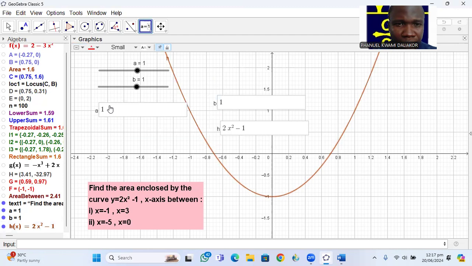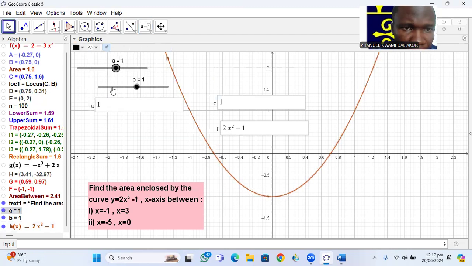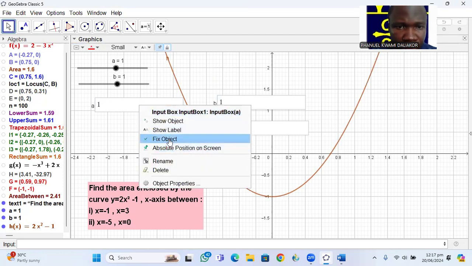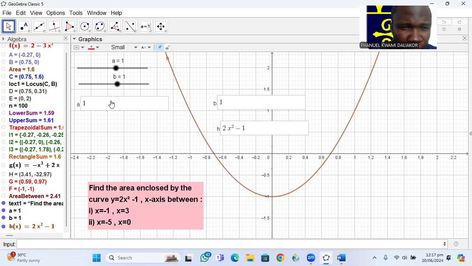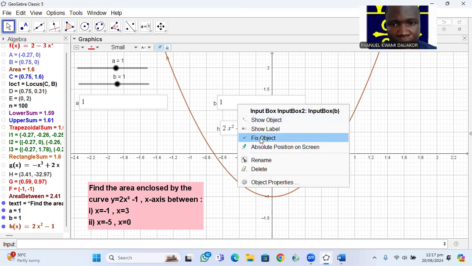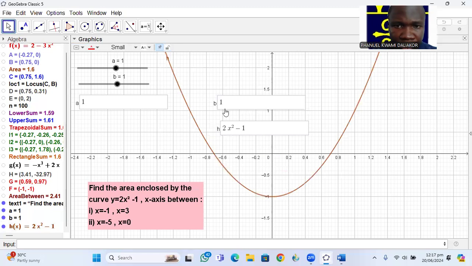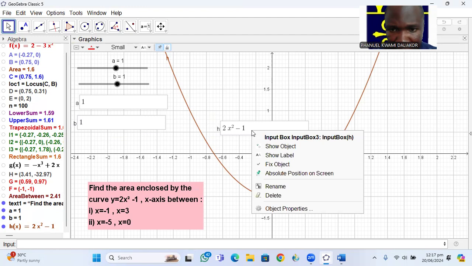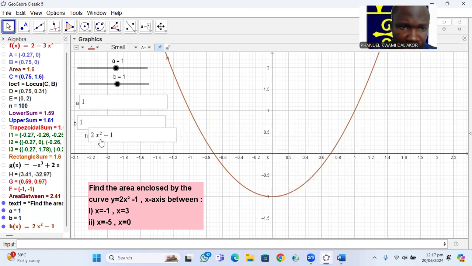So with this, let me move things. To move it, right click and tap on fixed object, then you move it to this side.